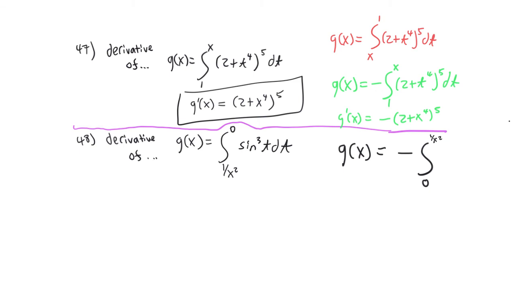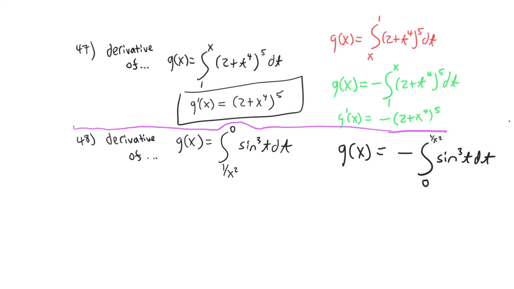And then we still have sine of t cubed dt. So we've accomplished the first thing we need to do with regards to this situation. You're going to want that variable up top, even if it means putting that negative out front.